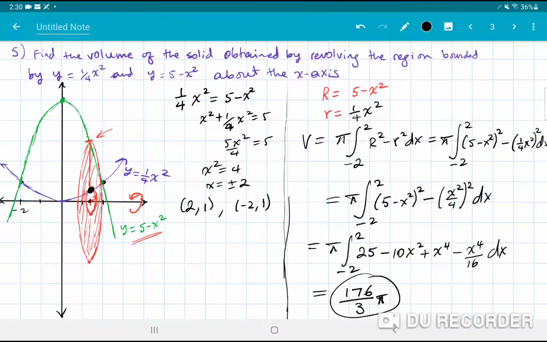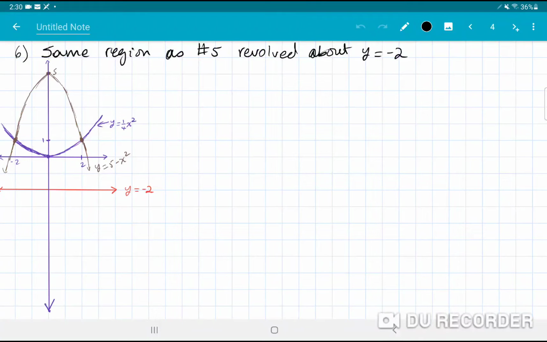All right, let's go on and do the next example. In the next example, we'll be taking the same region, but we're going to revolve it about y equals negative 2. The y equals negative 2 line is this one. The region is the same, so we can take a generic x on the region and make a segment at x and revolve that segment about y equals minus 2.